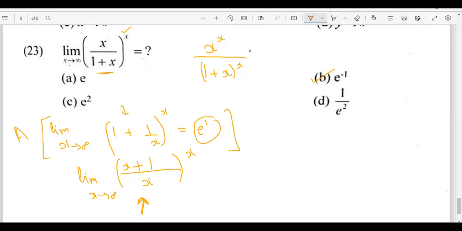We have x over 1 plus x, and this is x plus 1 by x. So this is the reciprocal of the function which we have. The answer was e for this in the theorem. So if I take the reciprocal of this, it gives me the function that I have, and if I take the reciprocal of e, this gives me e to the power minus 1. That is why the answer is D.